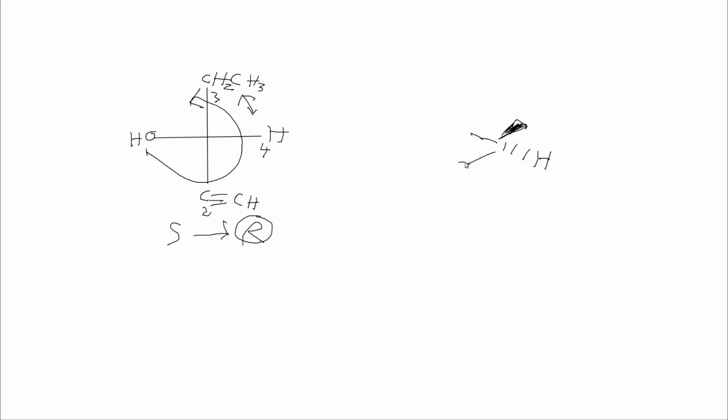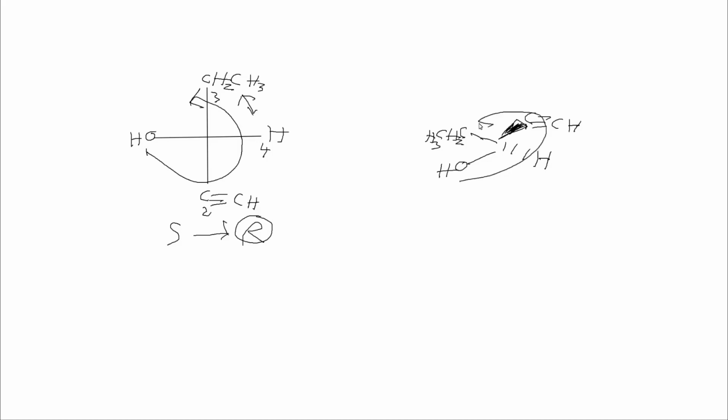Then you just put in your substituents. So put the OH here, put the methyl here, and then the ethene group over here. Again, this is 1, that's 2, that's 3.